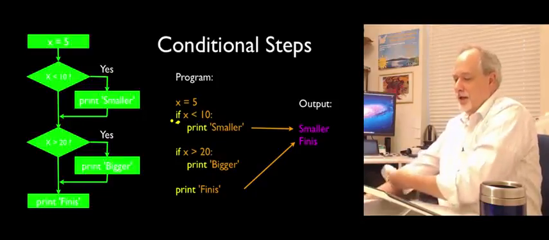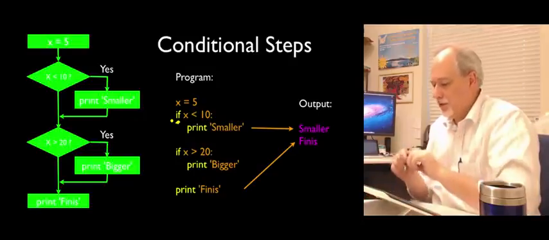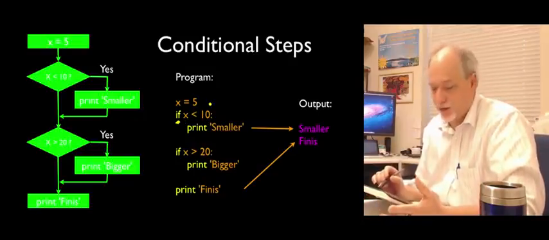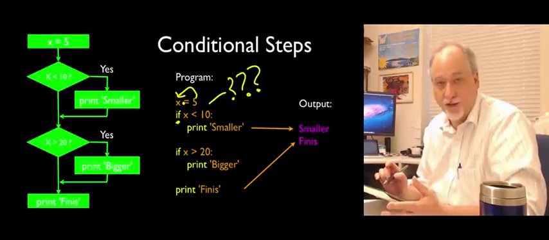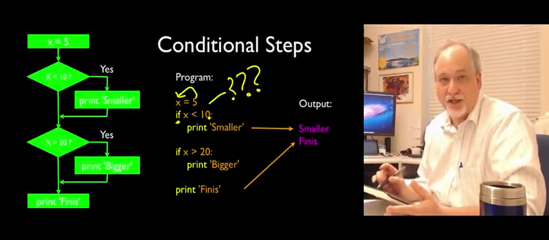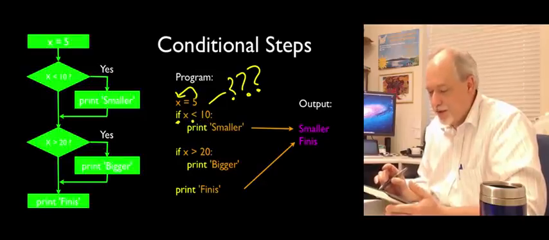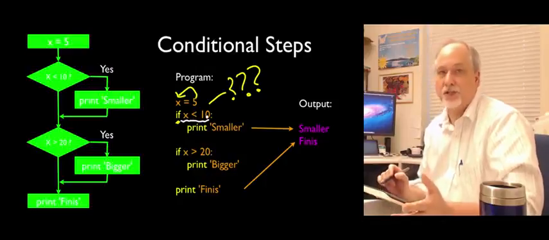The thing that comes on the same line as the if, up to and including the little colon, is a question. You're asking a question. So an assignment statement is moving a value into a variable, and an if statement is asking a question. In this case, we're asking a question about a variable. So always think when you're here that this is a question to be asked.